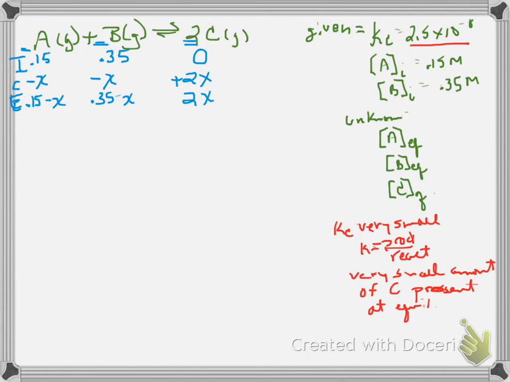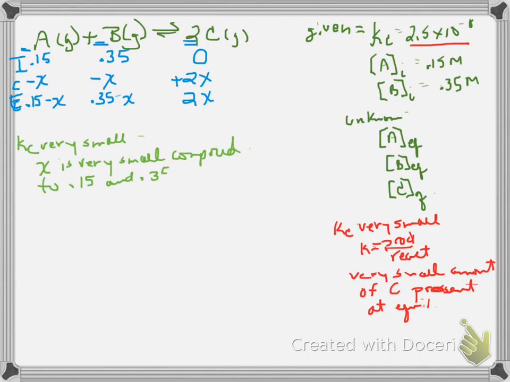Now, I know that my Kc is very small. So I can make the assumption that that shift x is going to be very small compared to 0.15 and 0.35 molar.